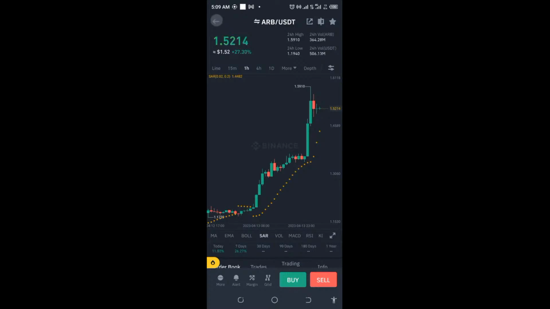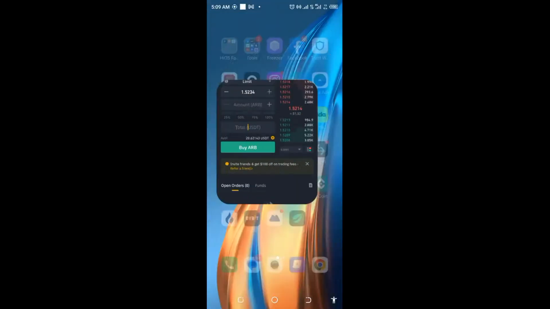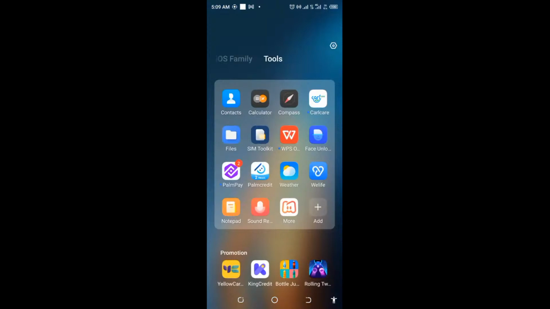So let's go check what this is on a calculation basis. We have 20.62. So let's see, we put $20 there times 3%. Yeah, this is about a 3% profit margin trade after all expenses have been removed.